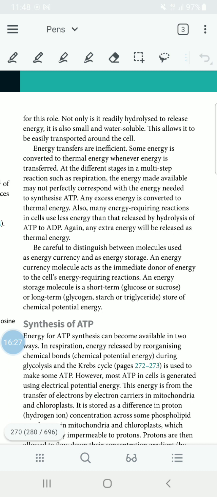Next point, energy transfers are inefficient.